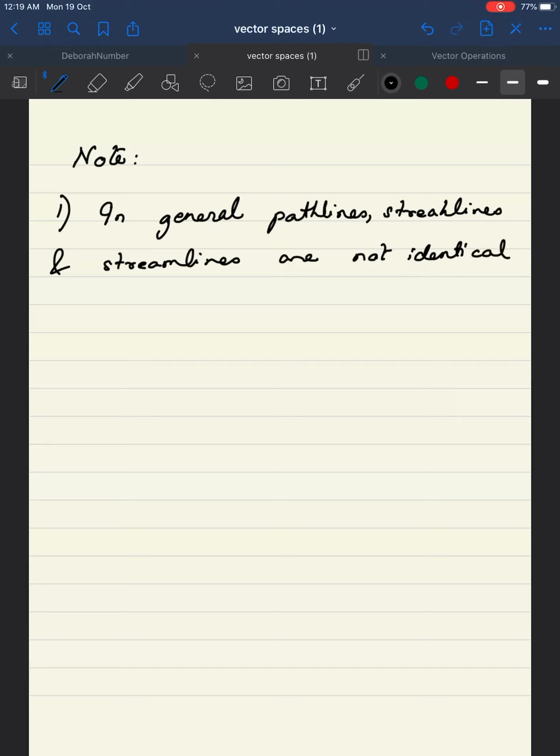Obviously, if they were identical, what was the point of doing all this hard work and trying to define this particular situation, right? And only in case of a steady flow they are identical. So for steady flow, they are identical.